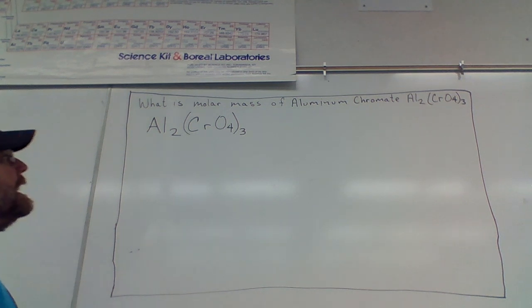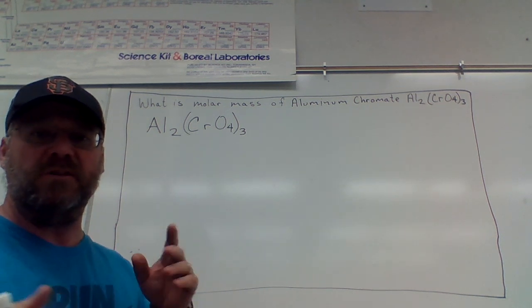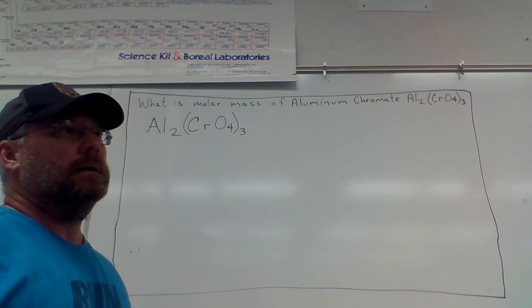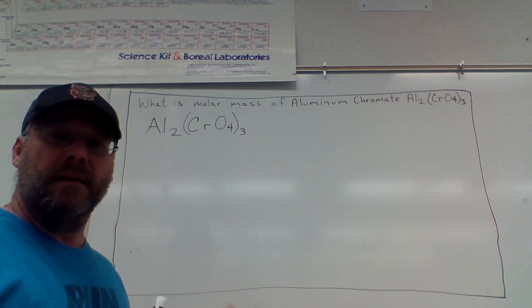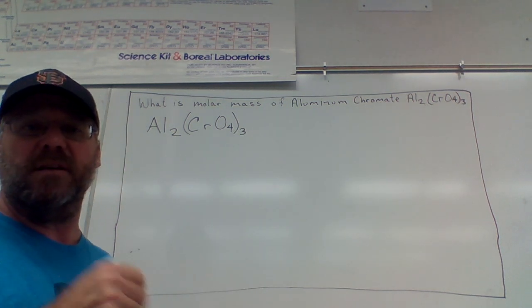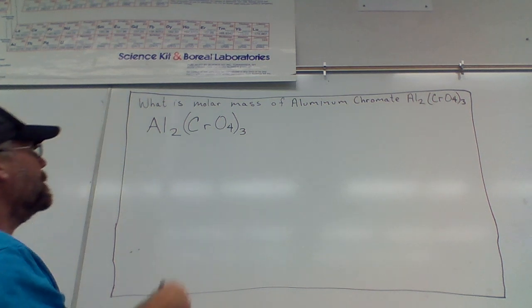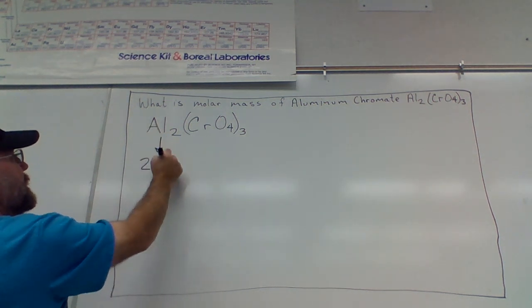To find the molar mass of that, we need to take each one of these elements in the compound and break it down to each of its parts. If we look at aluminum here, there's two of them.